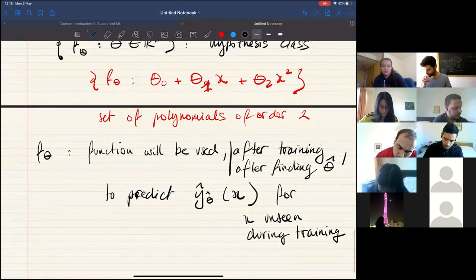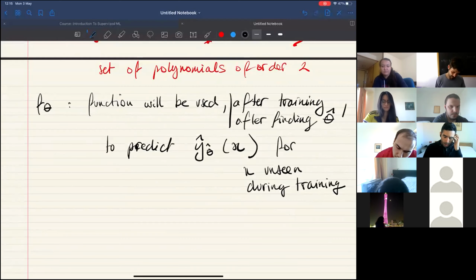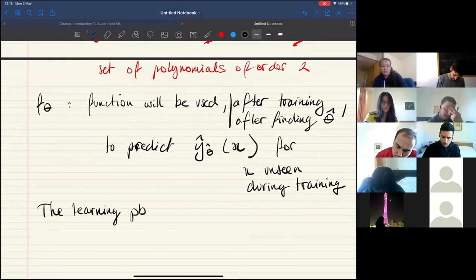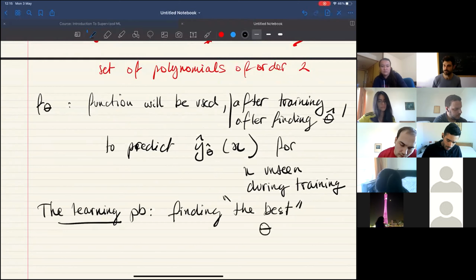And the learning problem is really finding the best, and we will see what we mean by the best, theta, the best set of parameters, which means the best function in your hypothesis class.